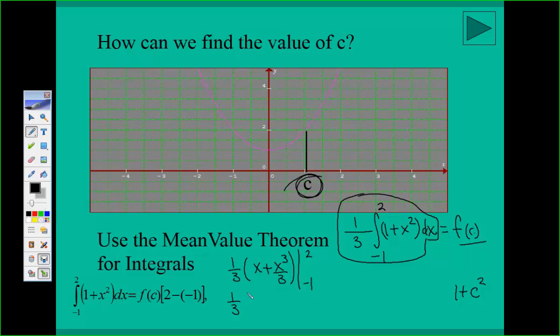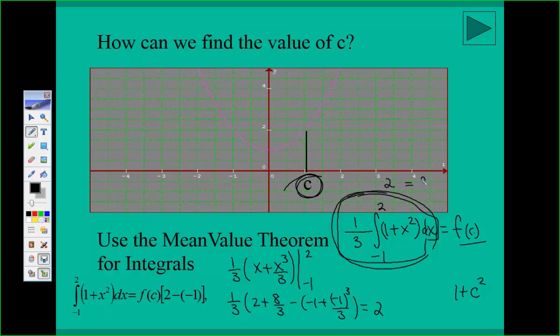So we'd have 1/3 times 2 plus 8 over 3 minus -1 plus -1 cubed over 3. And if we looked at solving that, we would get 2. So this whole piece right here just equals 2.